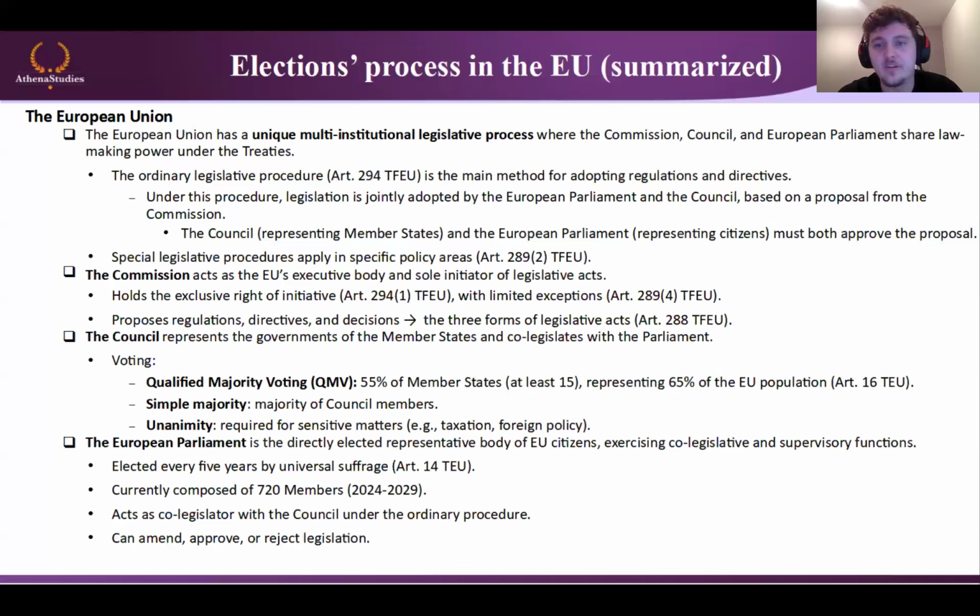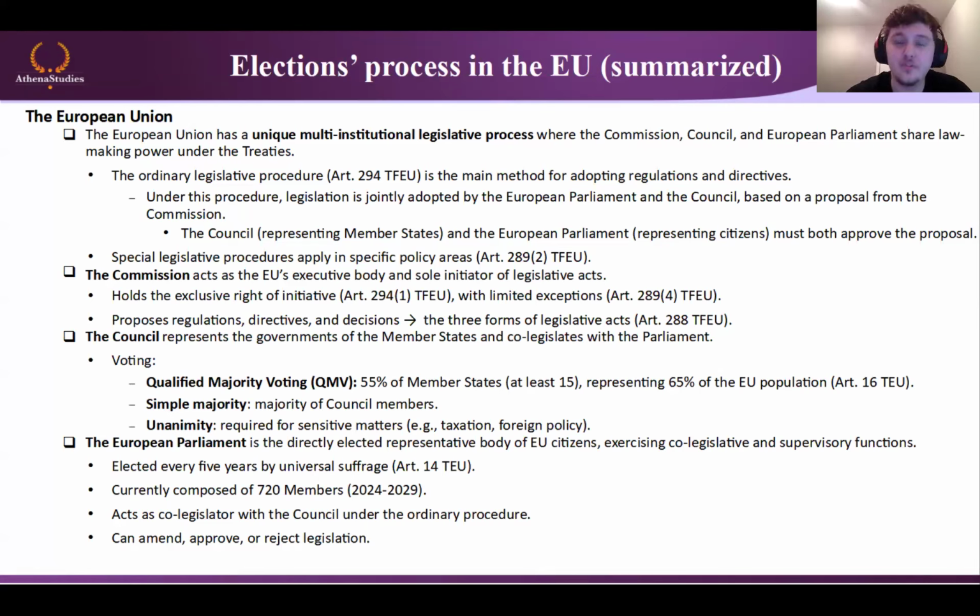multi-institutional legislative process where the Commission, Council, and European Parliament share lawmaking power under the treaties, so the TFEU and the TEU. The ordinary legislative procedure, Article 294 of the TFEU, the Treaty on the Functioning of the European Union, that's the main method for adopting regulations and directives. Under this procedure, legislation is jointly adopted by the European Parliament and the Council.